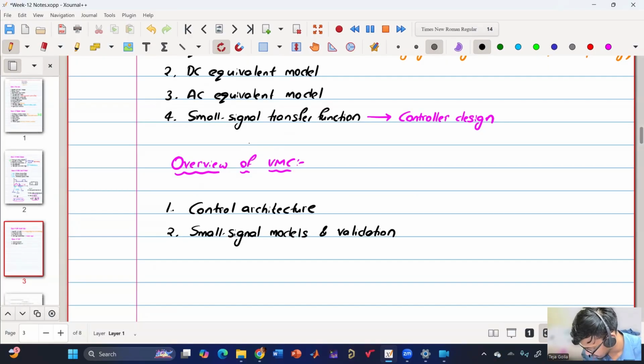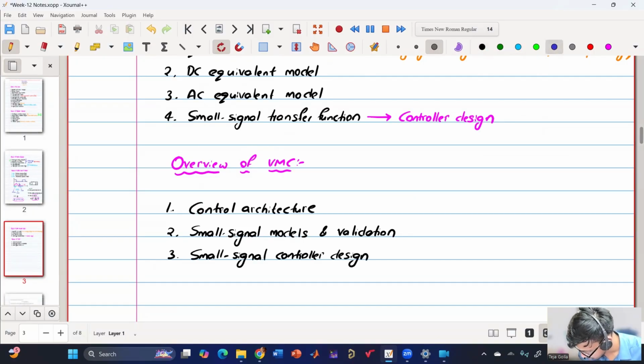Once we learned this, we learned about small signal controller design: how to design using the small signal model, and what type of controller we are going to use.